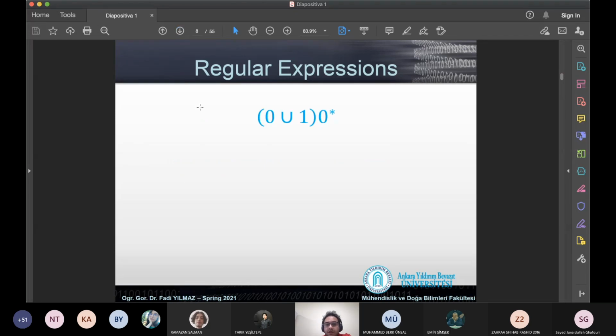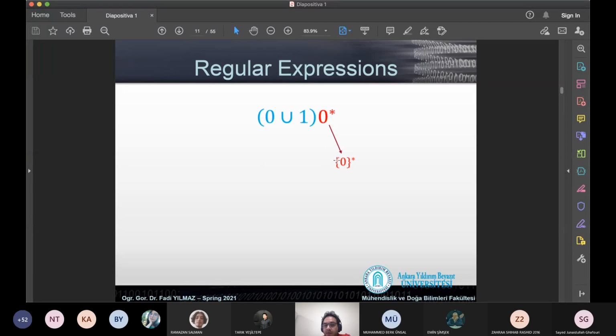So let's look at this expression closely. What we're going to see is that this 0 and 1 is just shorthand for the language, which is the set that only contains 0, and the set that only contains 1. They are languages, not just one character. With these parentheses and the union operator, we can say that there are two languages, and we apply the union to these two languages.